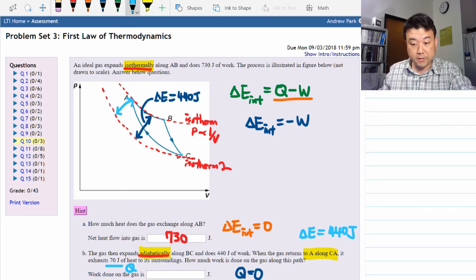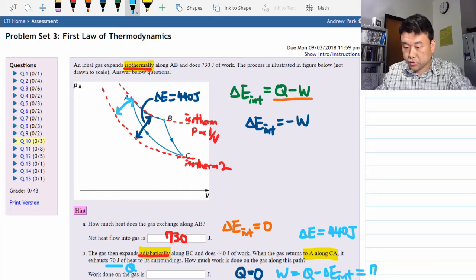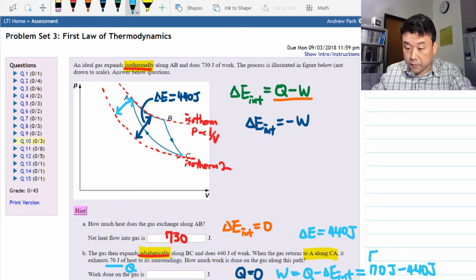The work done along this path is equal to Q minus delta E int. For the numbers given, that would be 70 joules minus 440 joules, or minus 370 joules.